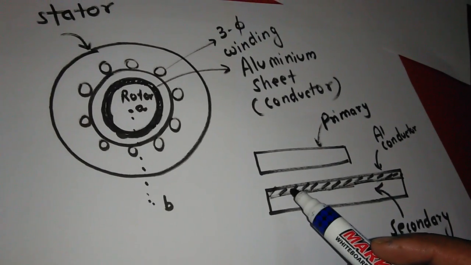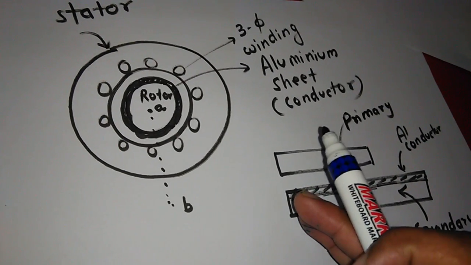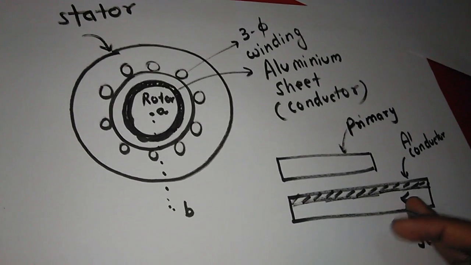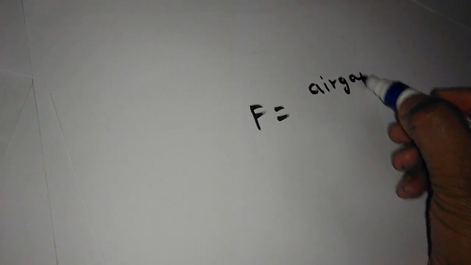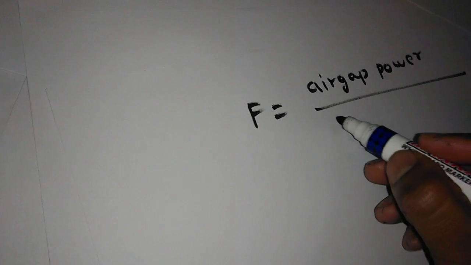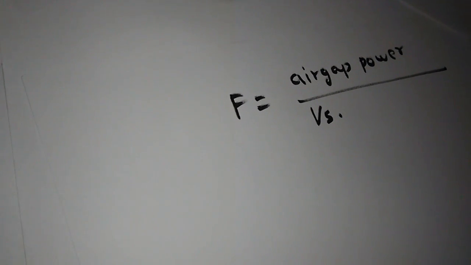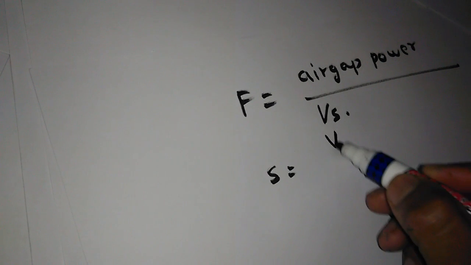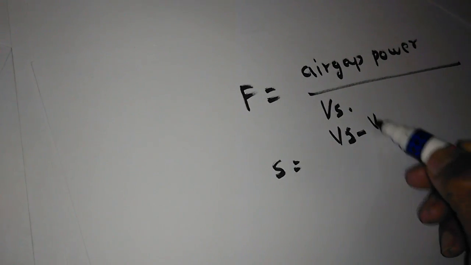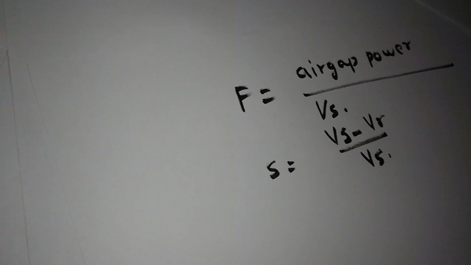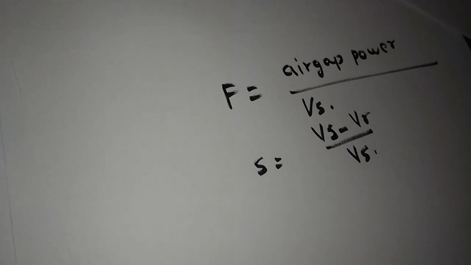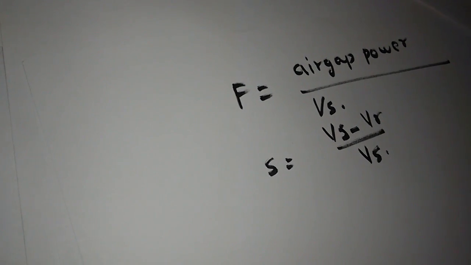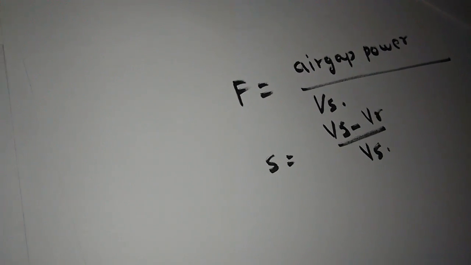The traveling flux will produce a linear force or thrust, and that force is equal to the air gap power divided by the linear synchronous velocity, Vs. The slip is equal to (Vs minus Vr) upon Vs. This is the relative slip between the primary and secondary winding, or we can say primary stator and secondary rotor.